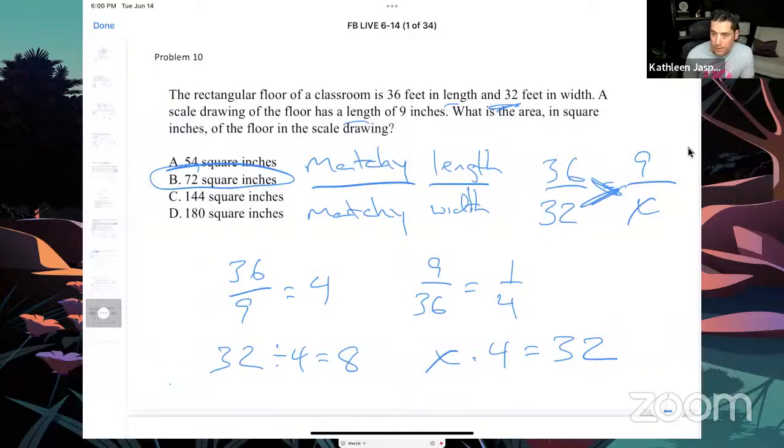It's all a matter of how you understand scale factor. And if you can do it that way, by all means, please do. I never force you to do any of these problems one particular way. I try and show as many ways as I can think of at the time that I'm taping this. Sometimes I'll say it one way and then someone will say, oh, can I do it like this?